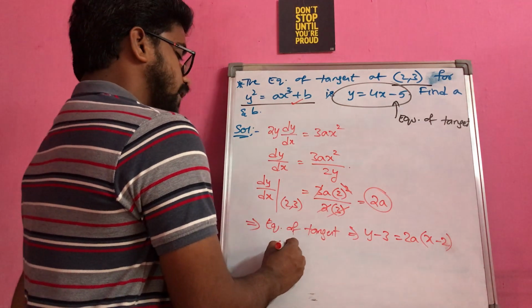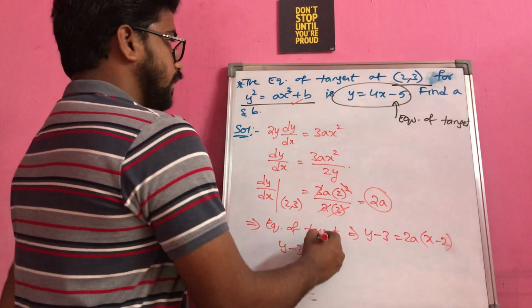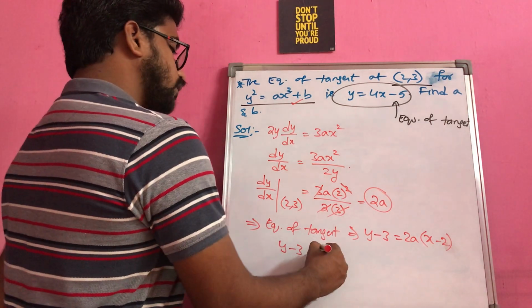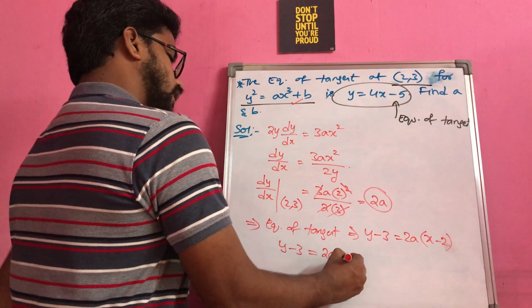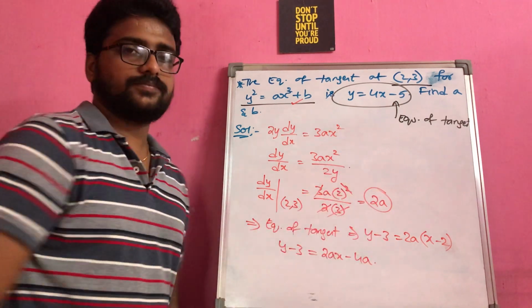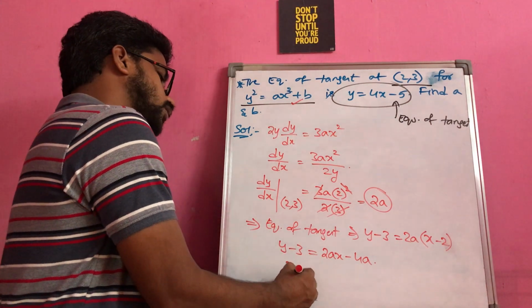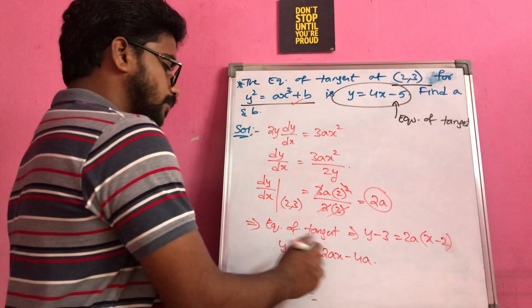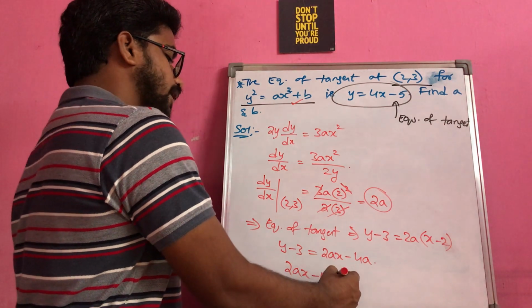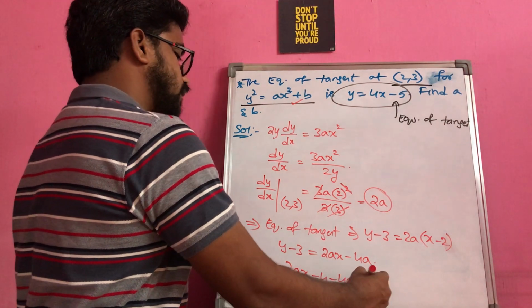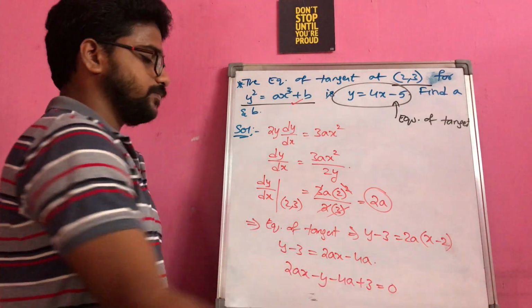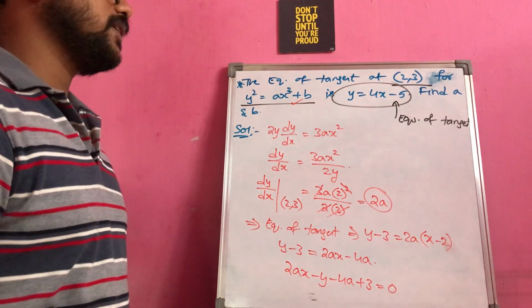So y minus 3 is equal to 2ax and then minus 4a. Bring everything to one side, then you will get 2ax minus y minus 4a plus 3 is equal to 0. This is the equation of tangent I am getting.